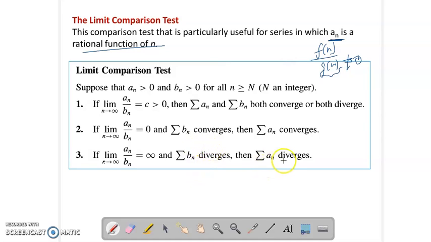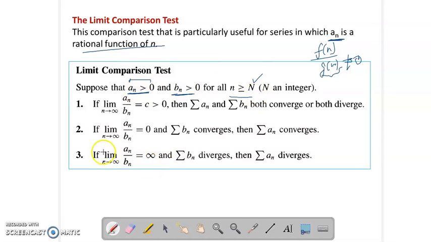Now what is the limit comparison test? Suppose that an is greater than 0 and bn is greater than 0 for all n greater than or equal to some N. So you have two series, and we are saying that the nth terms of both the series are positive after a stage.